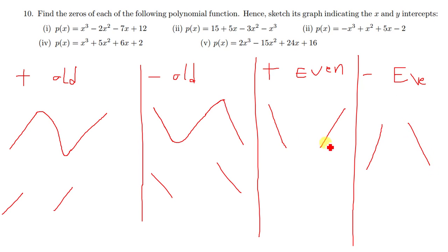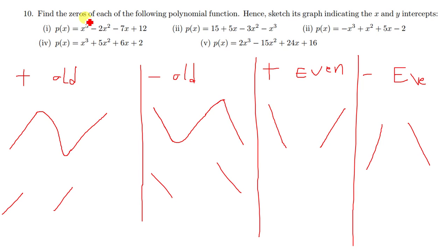What is going to be here will depend on how big your power is. So let's quickly move on to solving the questions. These are the most important things that you just need to know about sketching graphs.